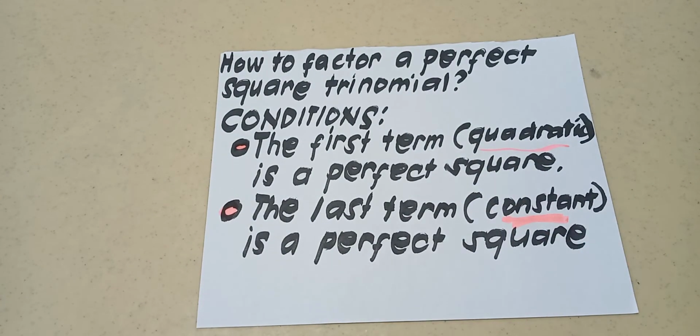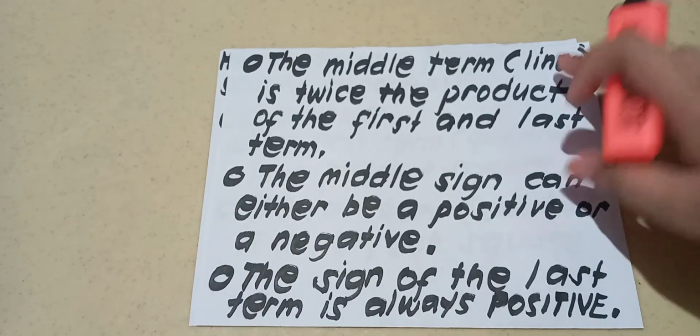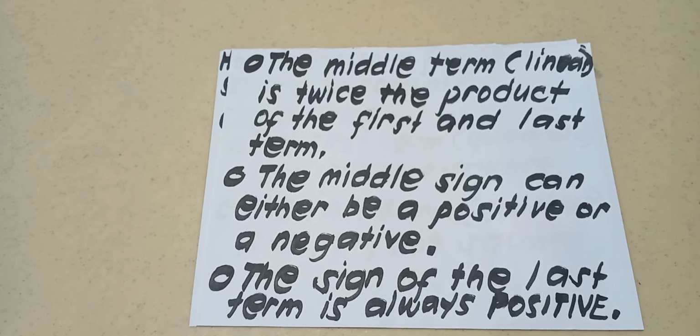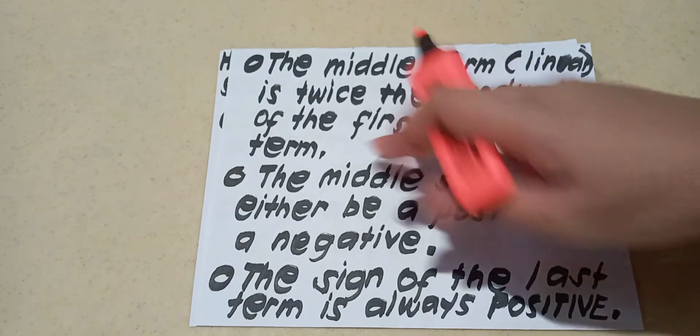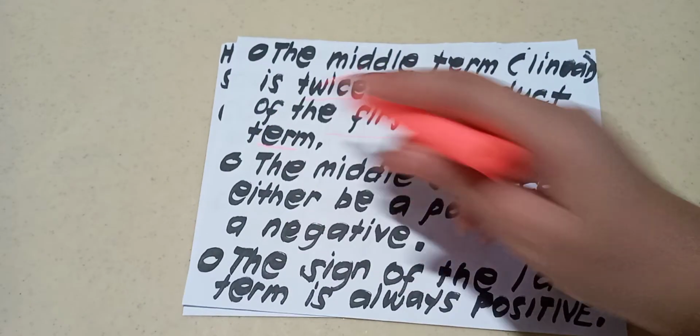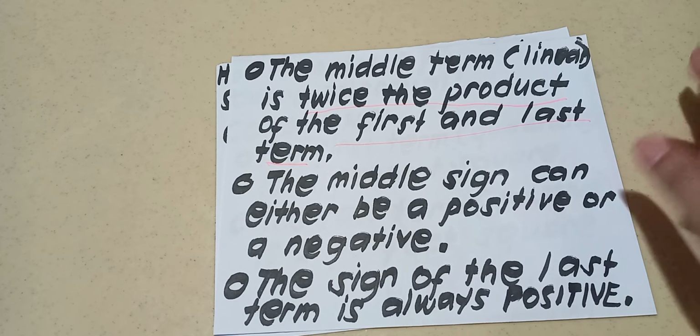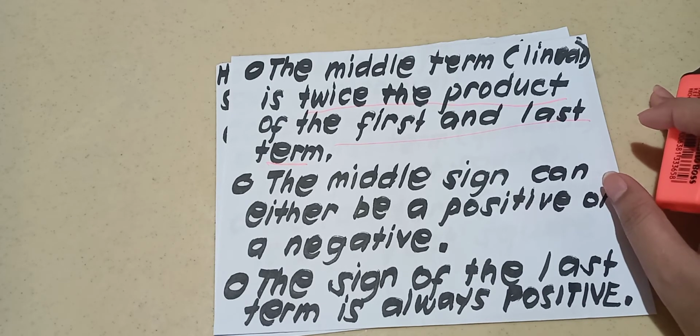Another condition is the middle term, or the linear term, where the variable is in the highest degree of 1. It is twice the product of the first and the last term. Don't worry, we will apply this later in the methods of factoring PST.